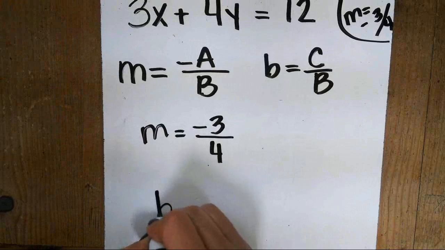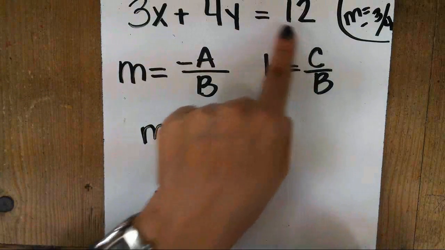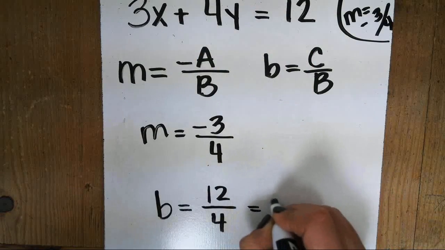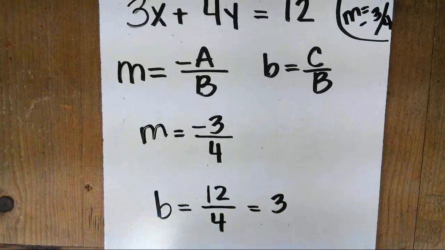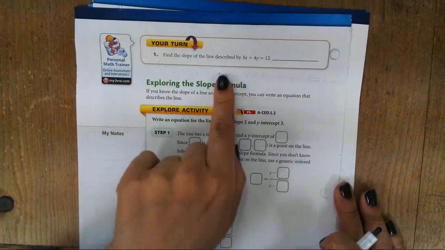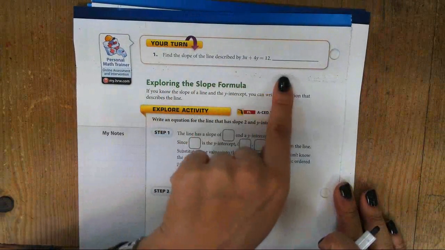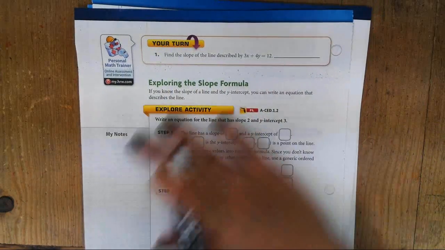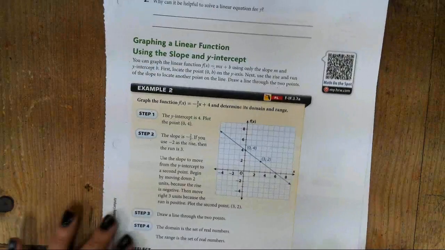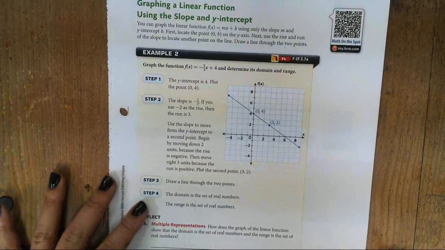And my intercept is my c divided by b, so I have positive 3 again. Okay? Now that we've done that, we know the answer to this Your Turn question from your textbook. It's asking you for the slope of this line. You know that the slope is negative 3 over 4. We're going to skip this explore activity and move on to page 181.